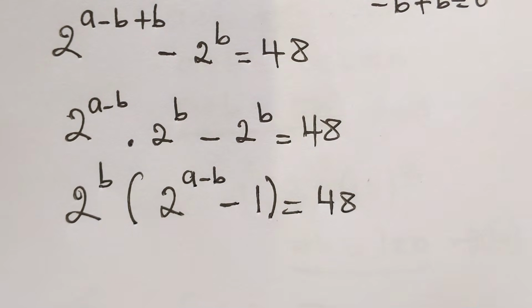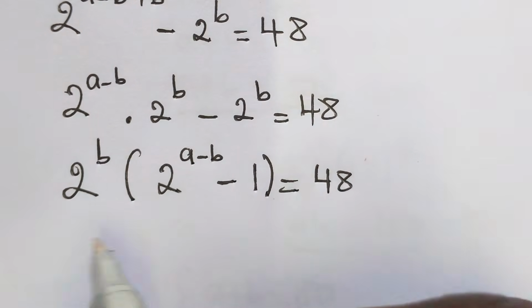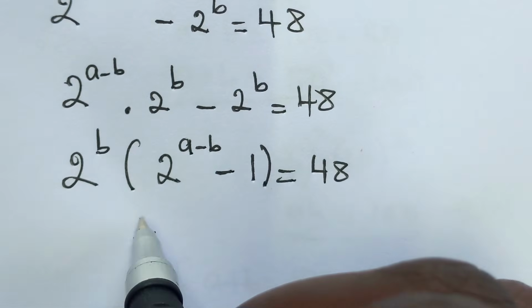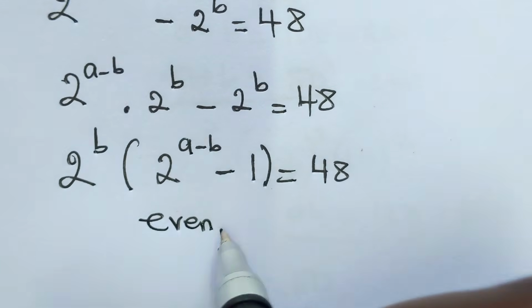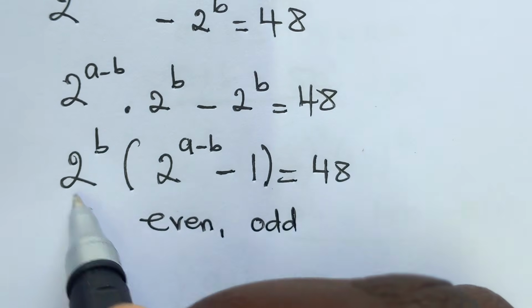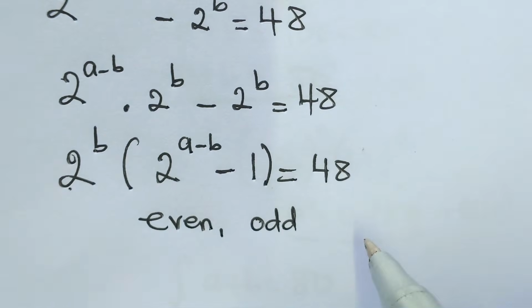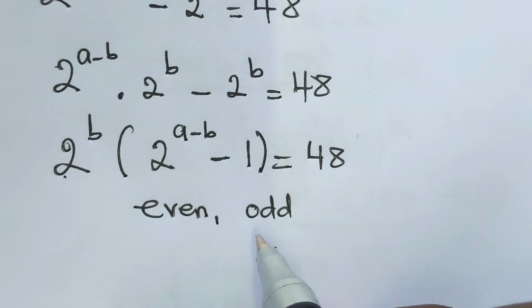At this stage, what are you going to do? As we have used this formula of even and odd, this one as even, this one as odd, in the previous videos, we're going to apply right here.